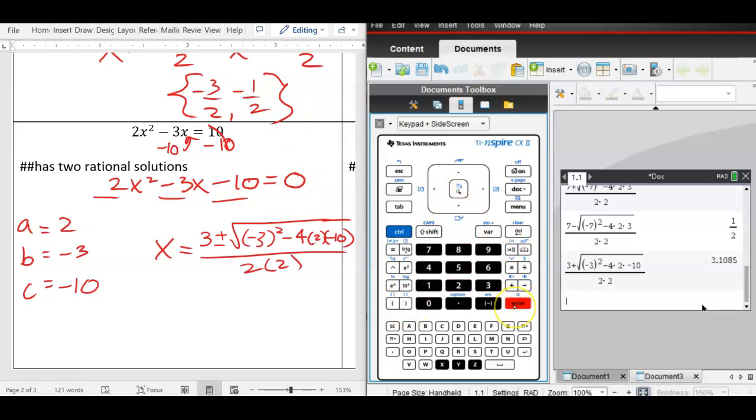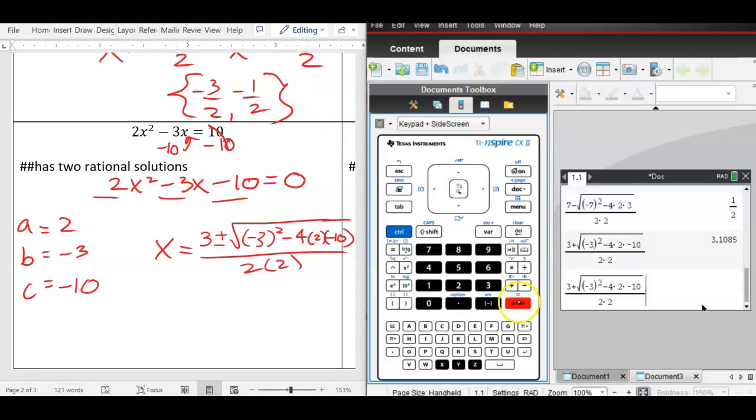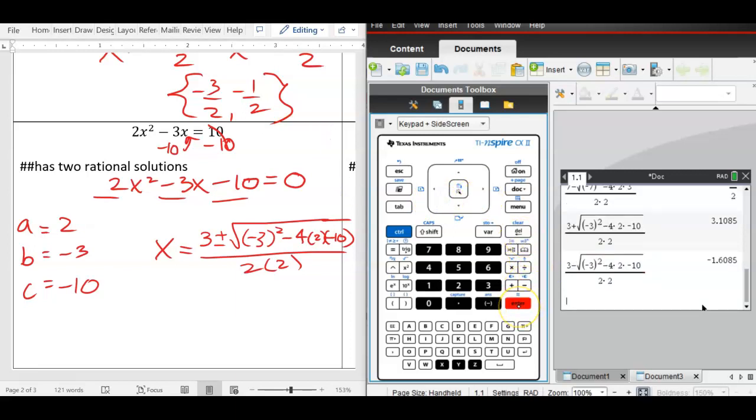I hit enter. I get 3.1085. I go up twice, I hit enter. I'm going to change that plus to a minus. There you go.